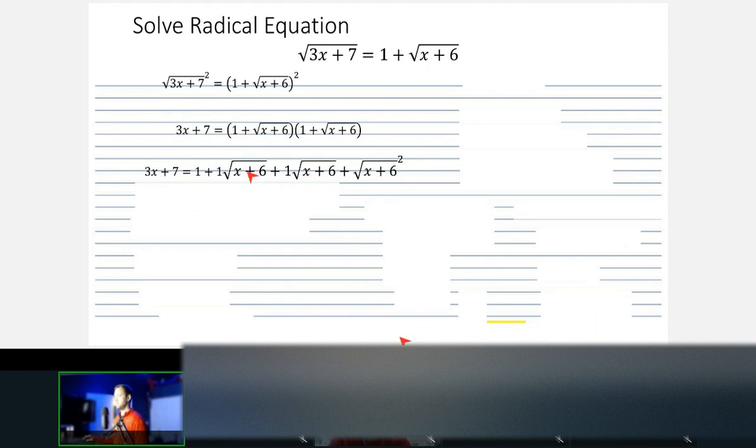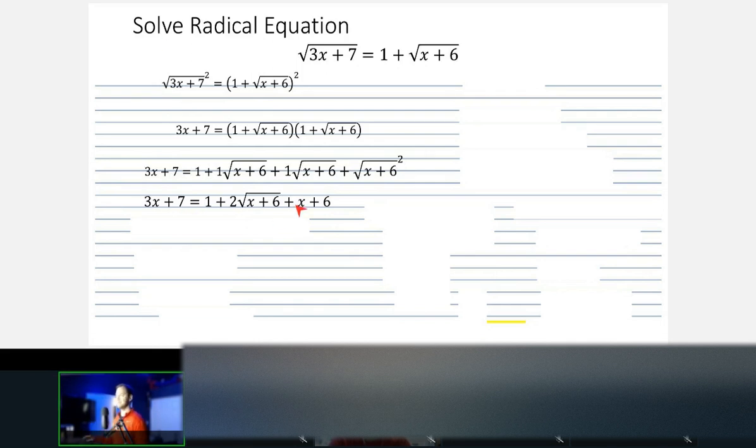How many of these radicals do we have, guys? We have 2 of them. Yeah, we have 2 radical x plus 6, and that x plus 6 carries down.